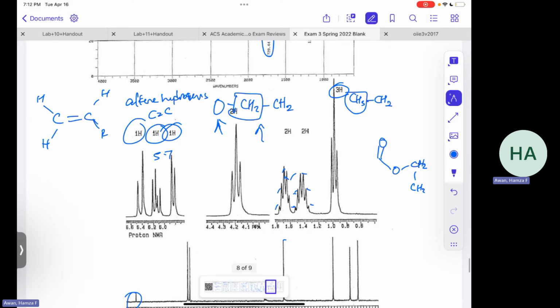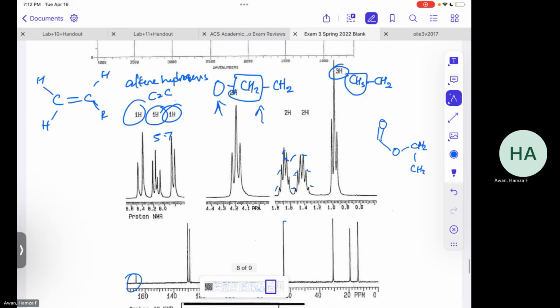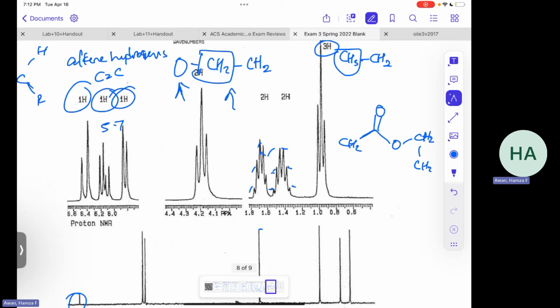And then we also know that if it was coming off this way, if there's a CH2 right here, there would probably be a 2H peak somewhere around here, which would just be a singlet, right? Because it's looking at no hydrogens, right?